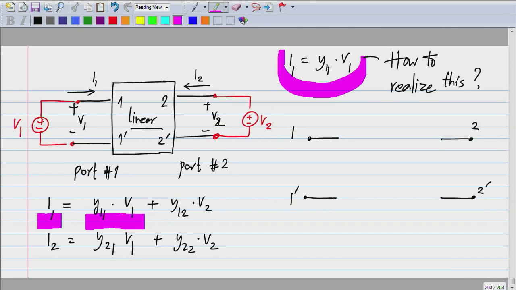So again, I think you are able to get the answer quite quickly. So this, you see, is just a conductance Y11 connected between I1 and V1.